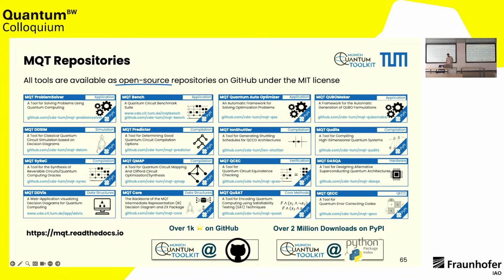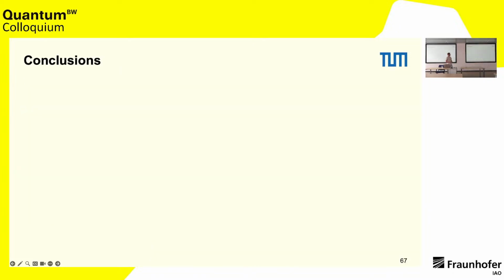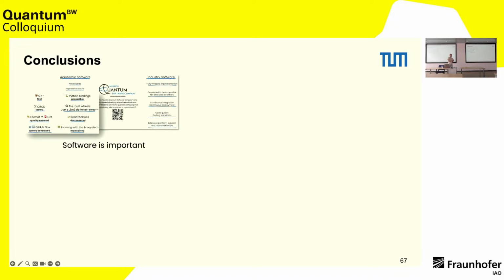And with that, in the interest of time, I'd also like to come to some conclusions here. First of all, I hope I was able to convey to you that software is really important. Hardware development is great. It's absolutely necessary, otherwise we won't get quantum advantage at any point. But software is equally important.